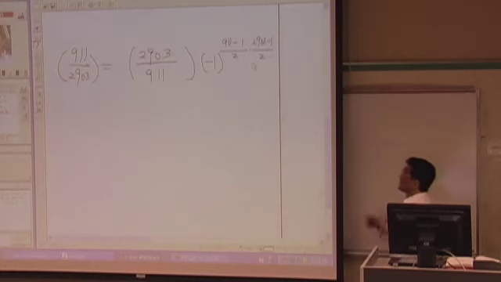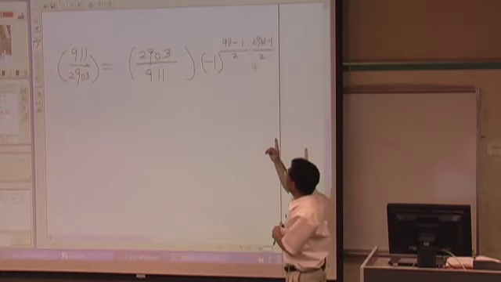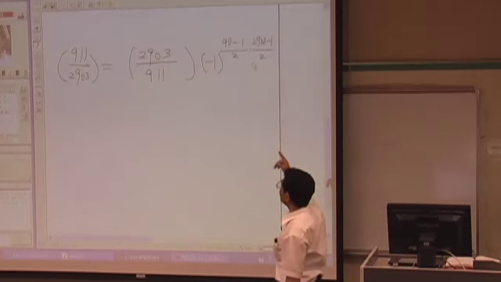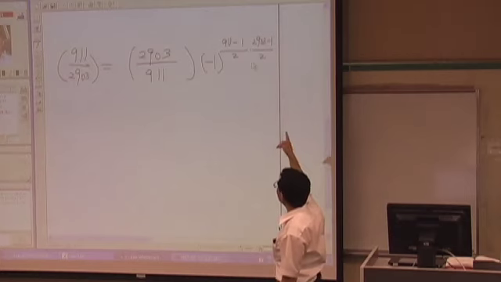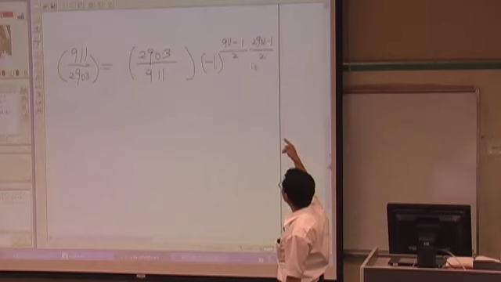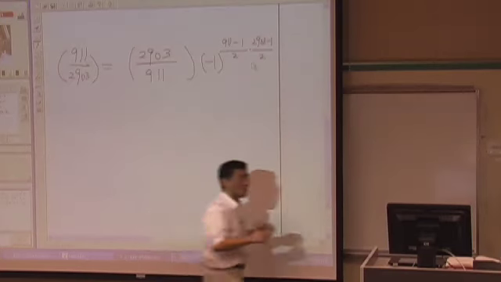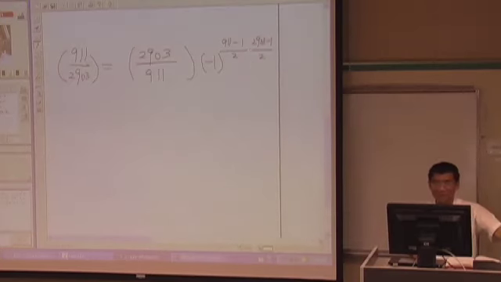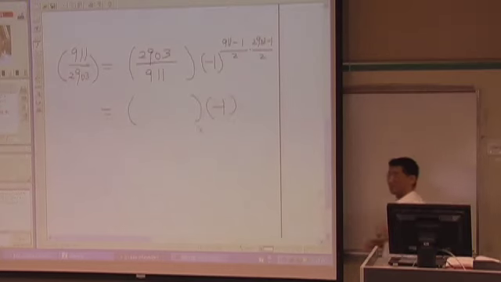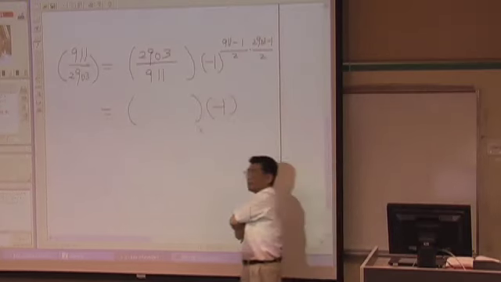As you can see, 910 divided by 2 is odd. And the second number, 2903 minus 1 is 2902, divided by 2 is 1451, so it's odd. So both are odd, odd multiplied by odd is odd, so this result is multiplied by negative 1. Do you see it? So it's very easy to calculate the power.